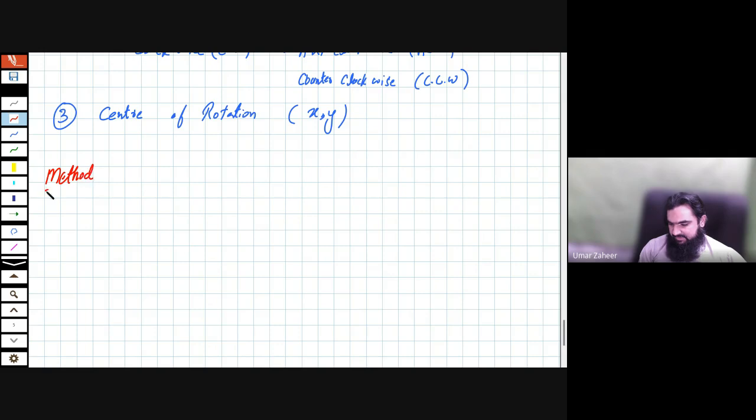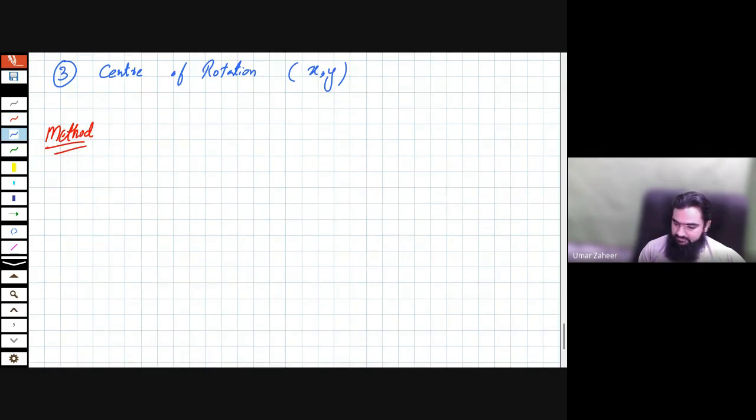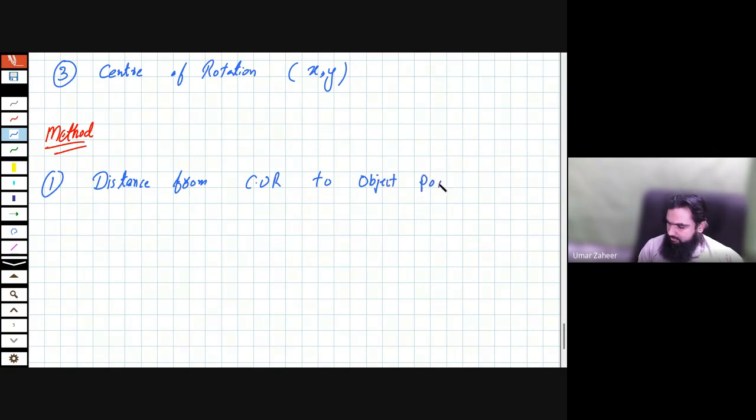You can say the method or procedure or the steps. The first step is that you have to take the distance from the center of rotation to the object point.